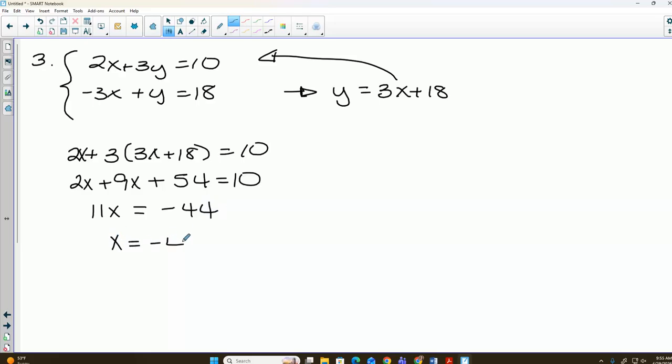Make sure you are correcting any mistakes as you go through. All right. Then we have to find our y, so we can plug it back in right here. We know y is 3 times x plus 18.